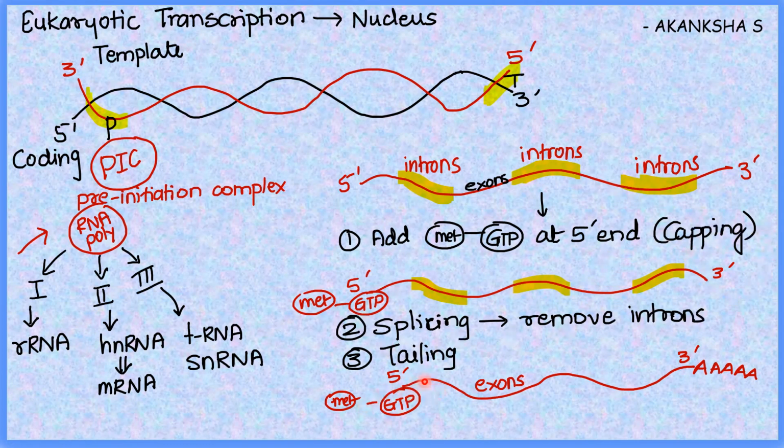So it is just like a security guard, Z plus security. Remember, eukaryotic transcription happens in the nucleus. The mature mRNA then goes to the cytoplasm for production of proteins. And this is how the entire concept of transcription from start to end is completed in this video.